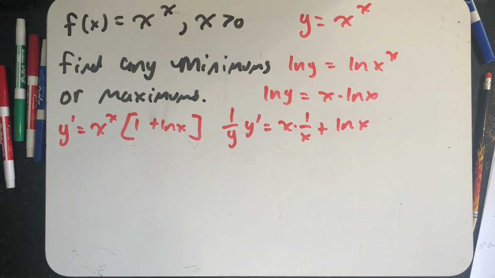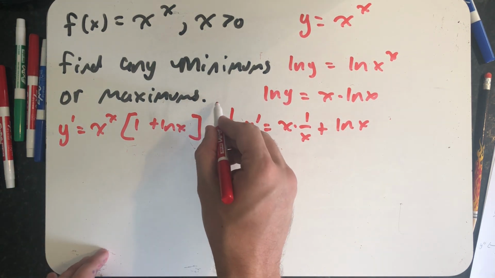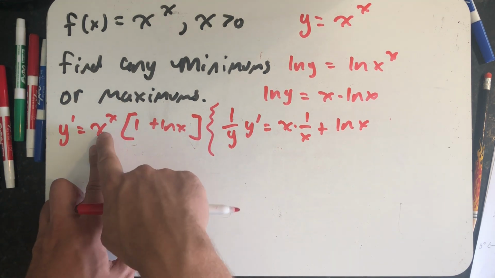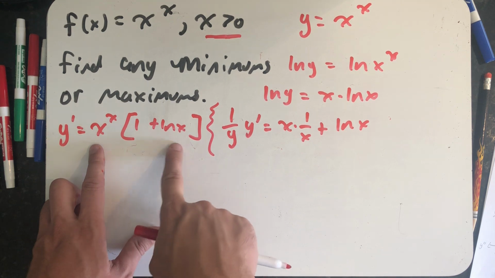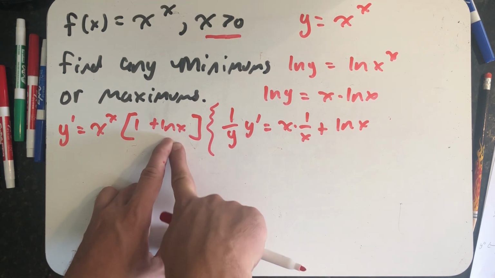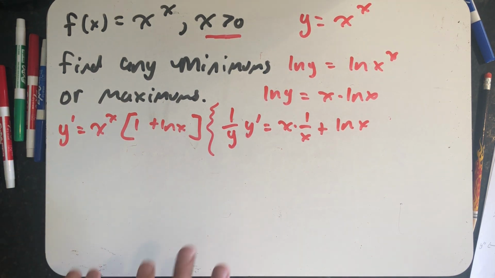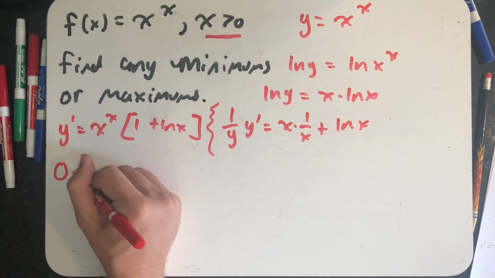I need to find any critical points, and so I'm looking for where this derivative is either undefined or equal to 0. And a positive to a positive, because x is always positive, is always defined. The natural log of a positive number is always defined. So I'm just looking for values where the first derivative might be equal to 0.